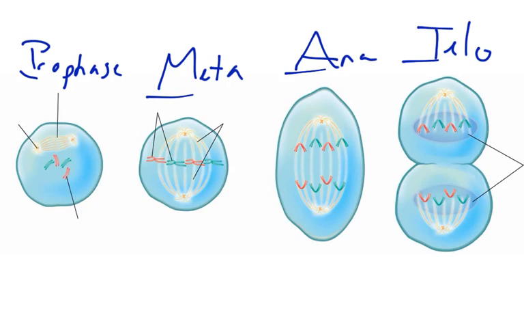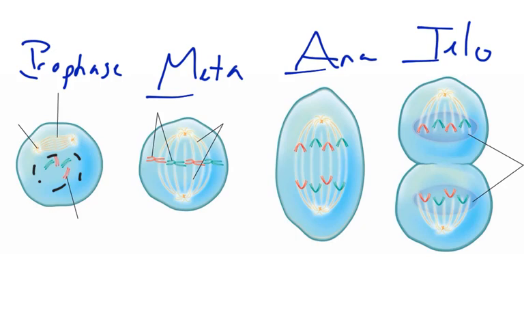Now, these images right here give you a nice look into what's actually occurring in the cell during mitosis. In prophase, normally there's a nice little nucleus in here, and it's actually breaking down. So the nucleus that surrounds the chromosomes is breaking down.